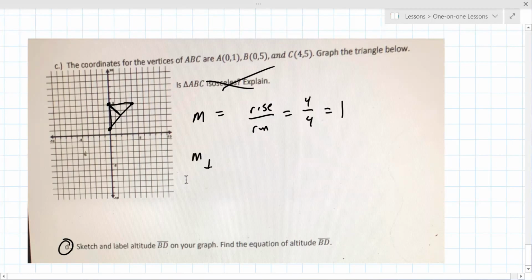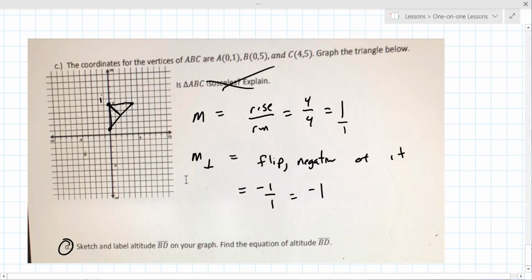You really want the slope perpendicular. The slope perpendicular is the flip of the number, and then the negative of it. So when you flip 1 over 1, it's 1 over 1, but then you negate it, which becomes negative 1. So that's the first thing.